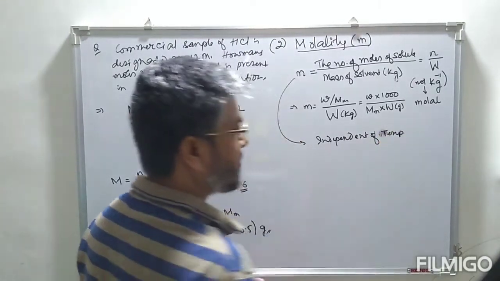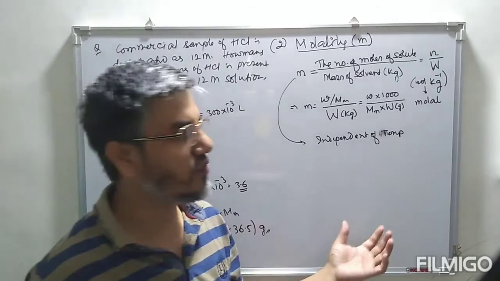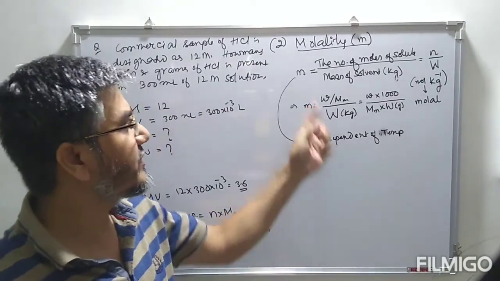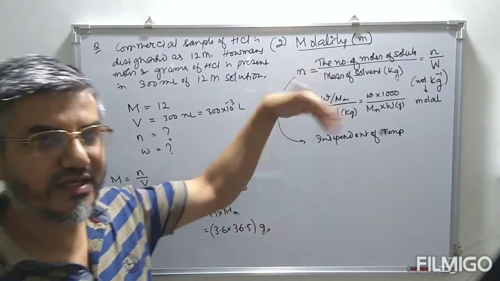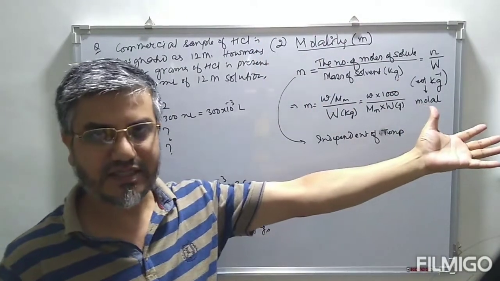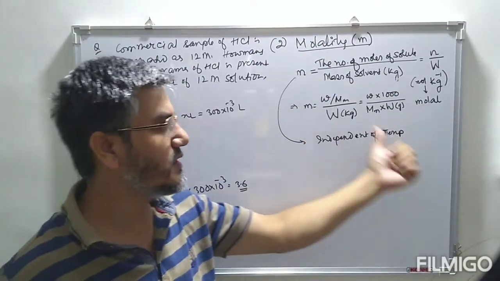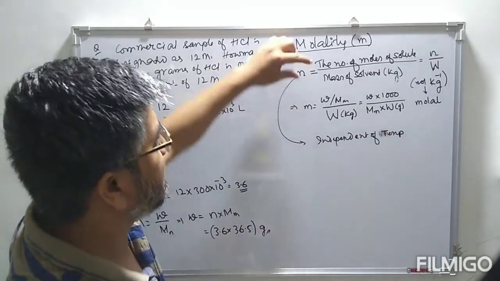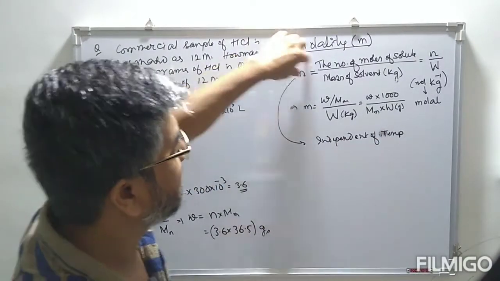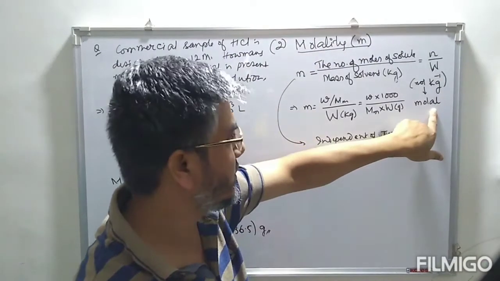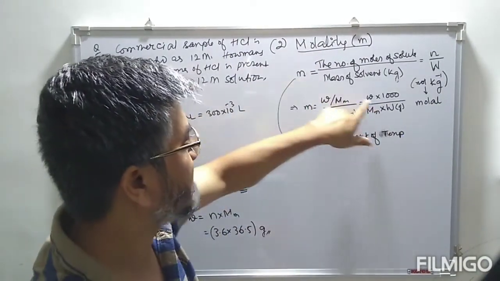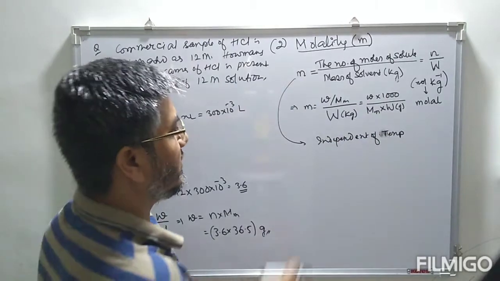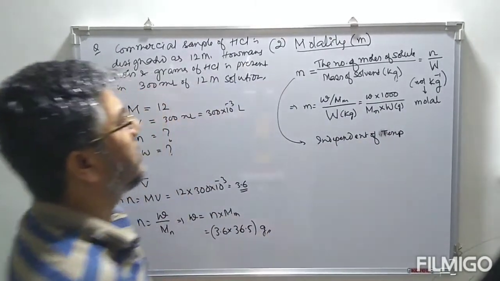If you change the temperature by heating or by cooling, this won't have any effect on the molality. Whereas molarity changes with temperature, but molality does not change with temperature. Molarity is in terms of volume and is temperature dependent.